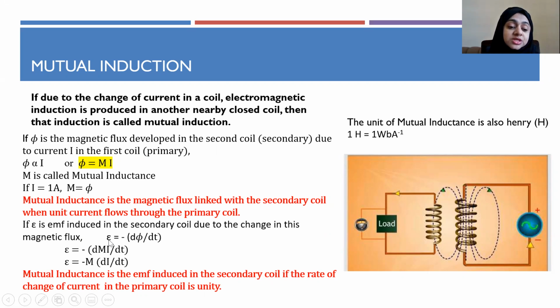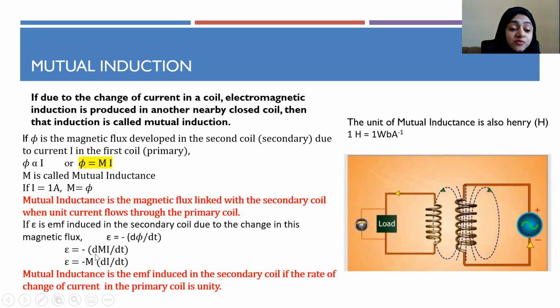Then EMF is equal to minus d phi by dt. Here EMF E is the EMF developed in the secondary coil and phi is the magnetic flux developed in the secondary coil. But we know that the magnetic flux phi developed in the secondary coil is equal to MI from this equation. So EMF E is equal to minus d(MI) by dt.